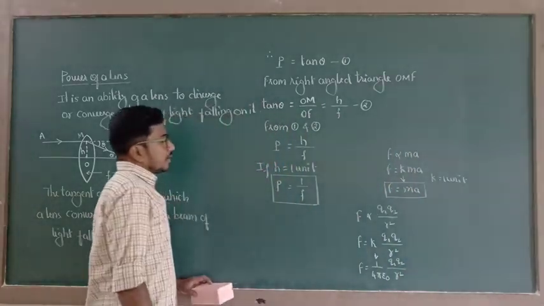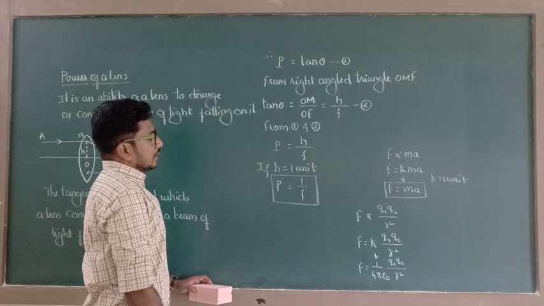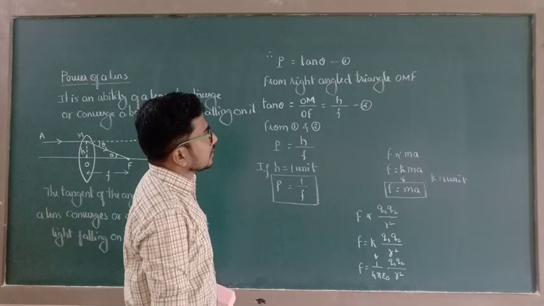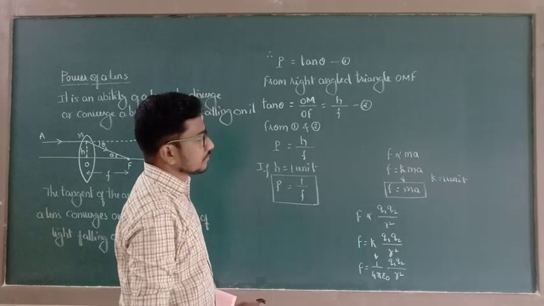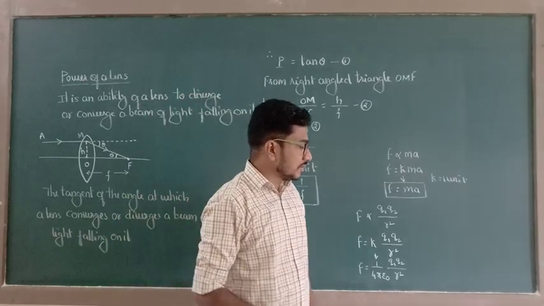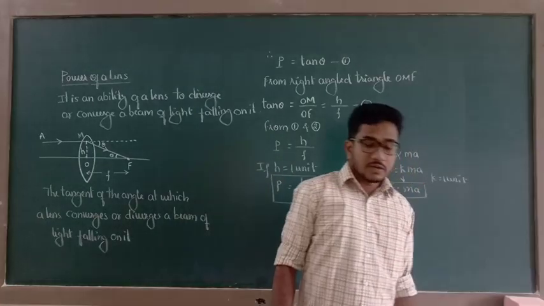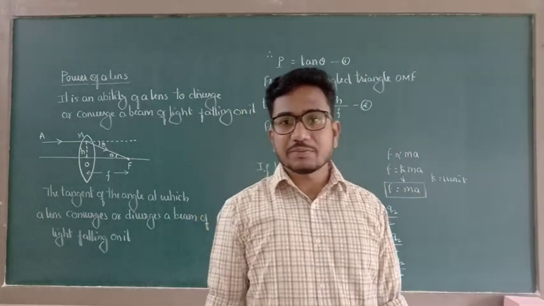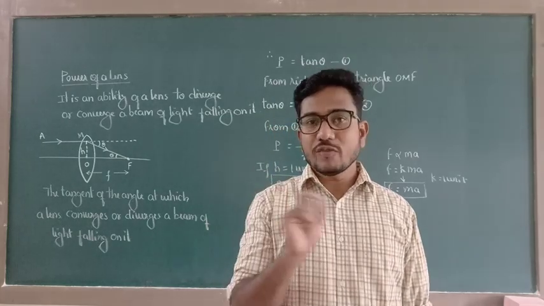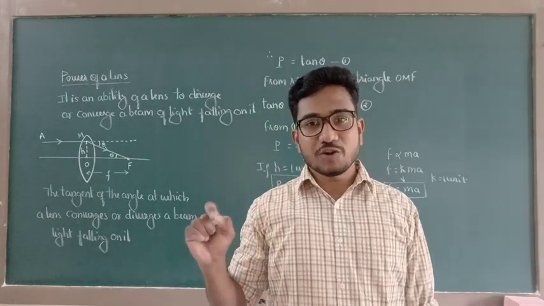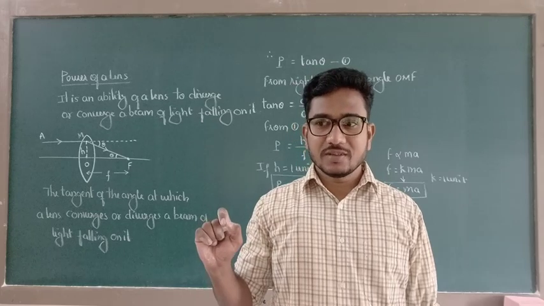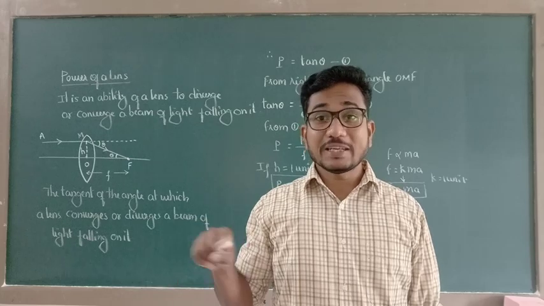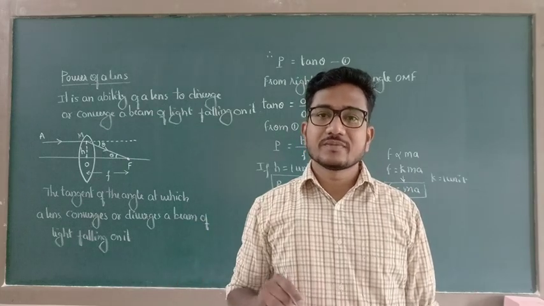Now, usually I think you are familiar with this. When we go for an eye test, in the prescription they mention some values like minus 0.5, plus 0.5, minus 1.5, plus 1.5, plus 2, minus 2, like that.